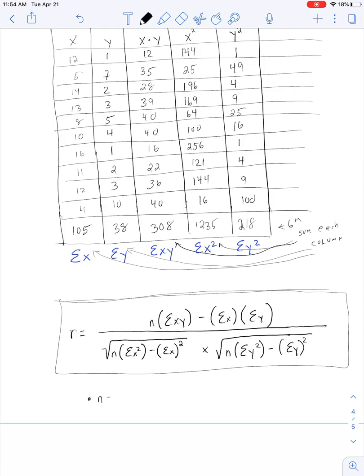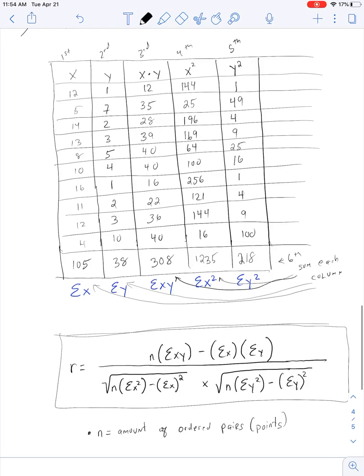One thing to note is that n is equal to the amount of ordered pairs, or in other words, points. So here, if we take a look, we have 1, 2, 3, 4, 5, 6, 7, 8, 9, 10, 11 points, right?